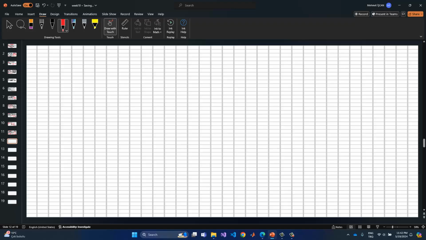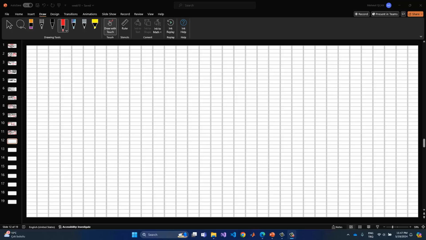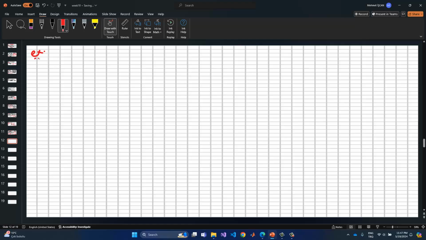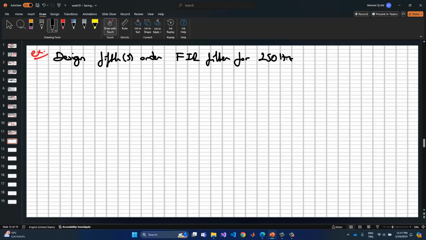We need to solve the example problem in here. The example is: design a fifth order FIR filter for a 250 Hertz cutoff frequency, with the sampling rate fs at 2000 Hertz.